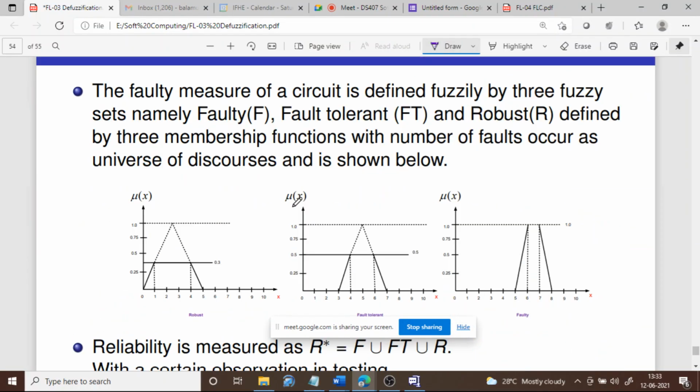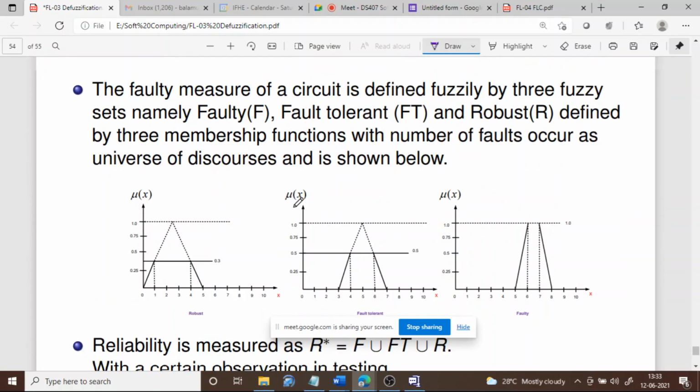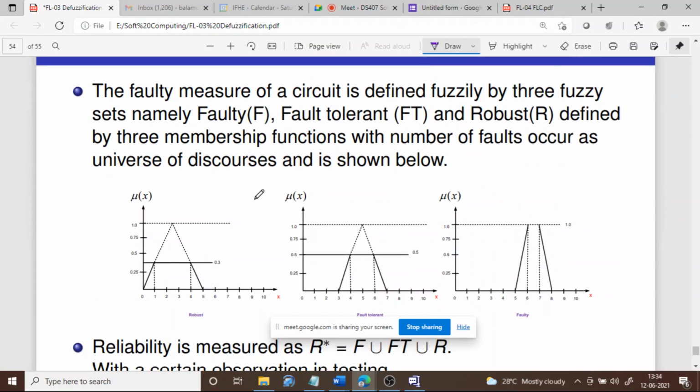Similarly, this particular graph represents the faulty measure of a circuit. The faulty measure of a circuit is represented using fuzzy logic, and we are using three membership functions to represent it: faulty, fault tolerant, and robust.